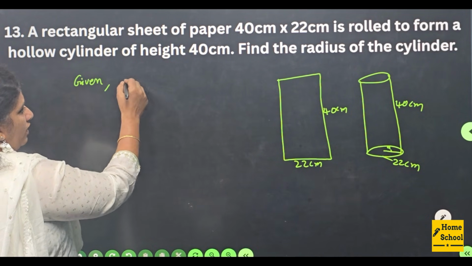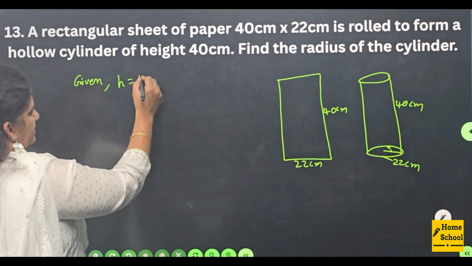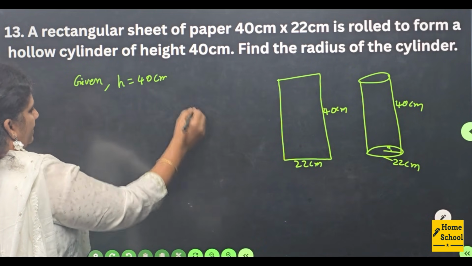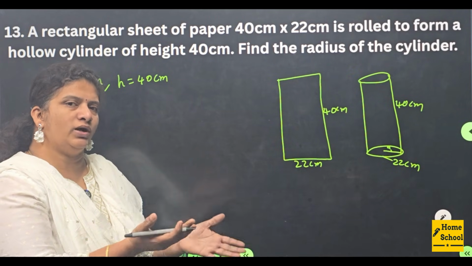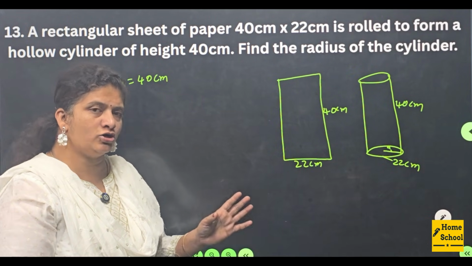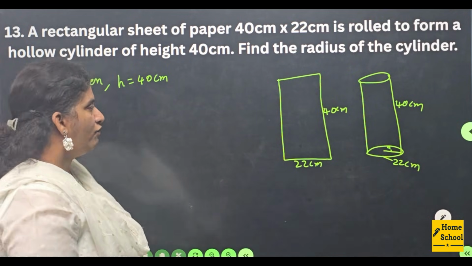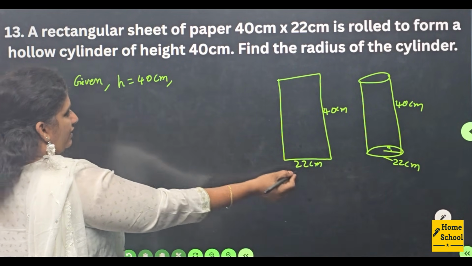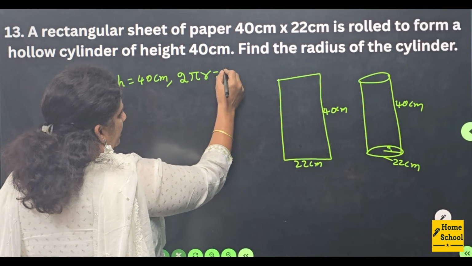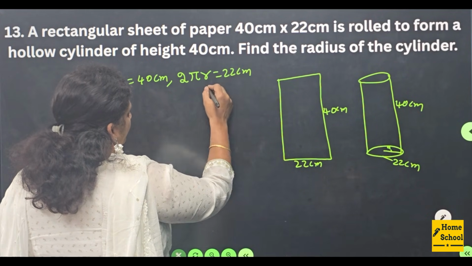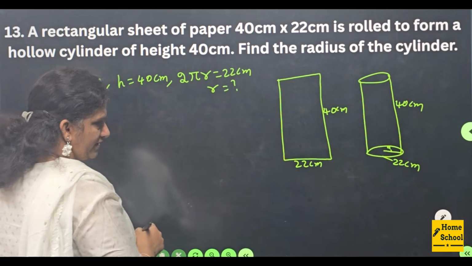What do we know here? Height of the cylinder is equal to 40 centimeters. Write the statement, children, here. A rectangular paper is rolled. It forms a hollow cylinder of height 40 centimeters and given circumference of a circle 2 pi r is equal to 22 centimeters. Radius is equal to question mark.